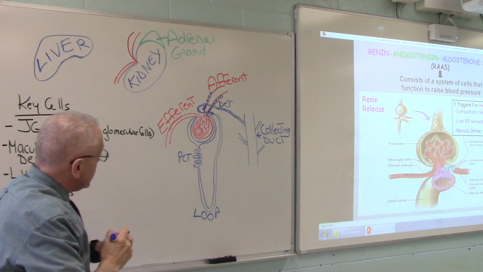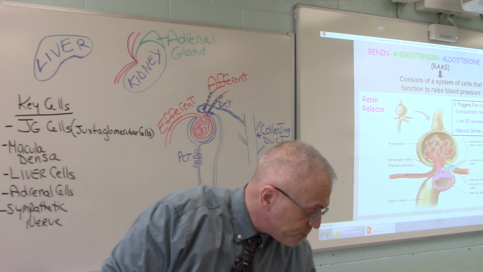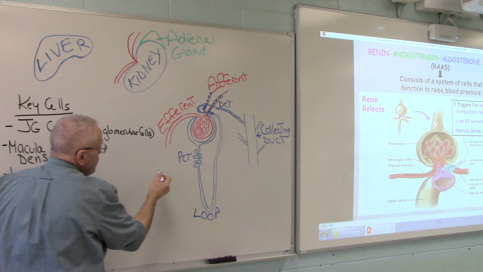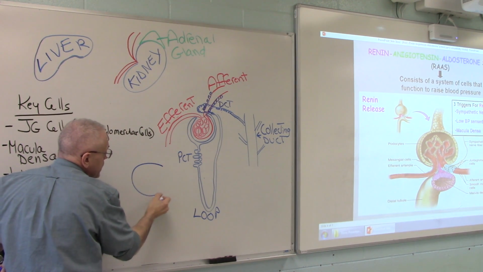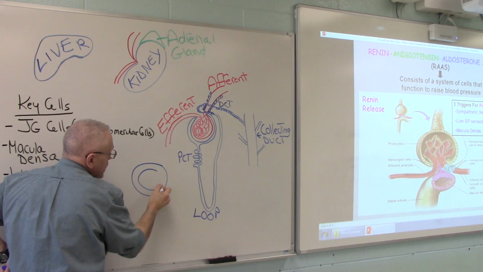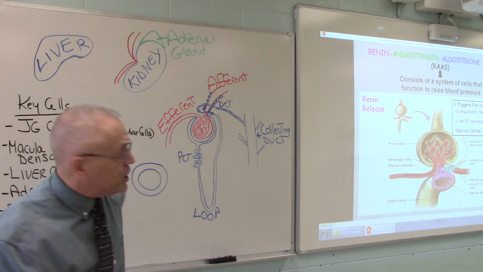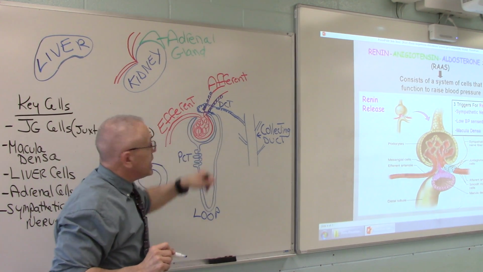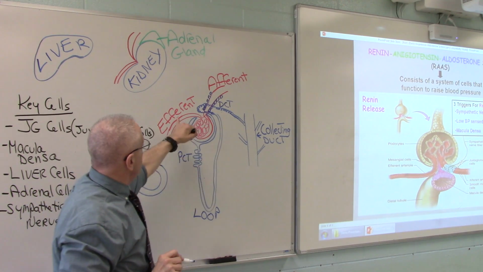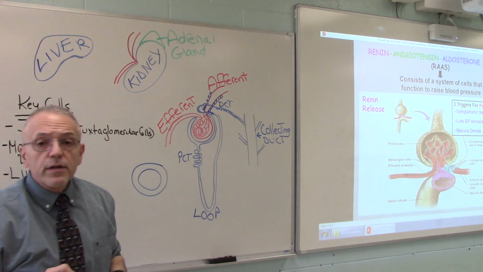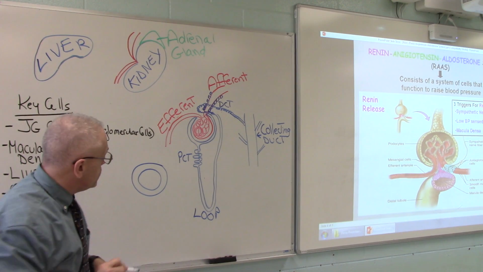And these macula densa cells are located in the DCT, in a region where the DCT is nestled in between the afferent and efferent arterioles.